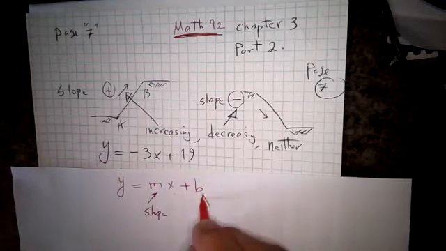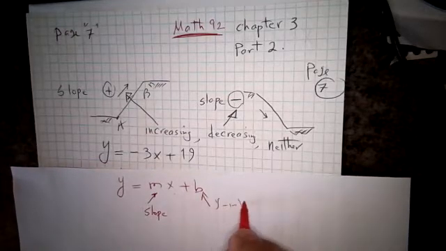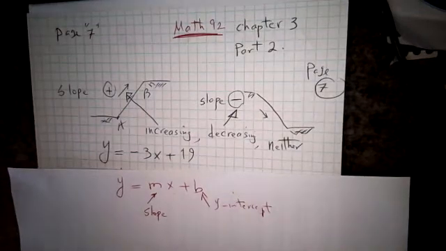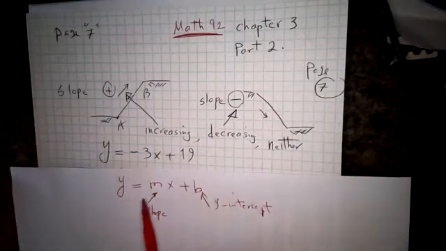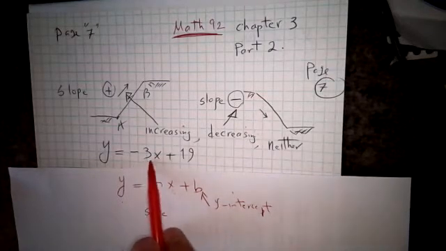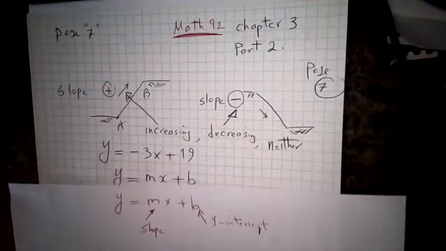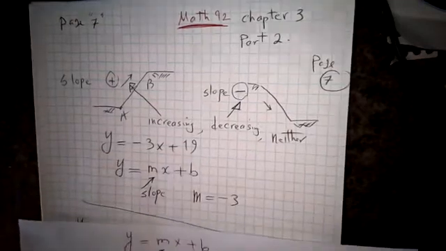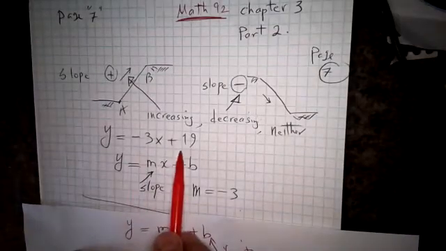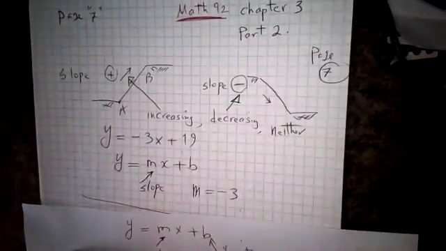And b is the y-intercept, which I'm going to talk about in a few minutes. So if y is by itself, the number sitting next to x is your slope. So the slope here is -3. The slope is -3, so this line is decreasing.